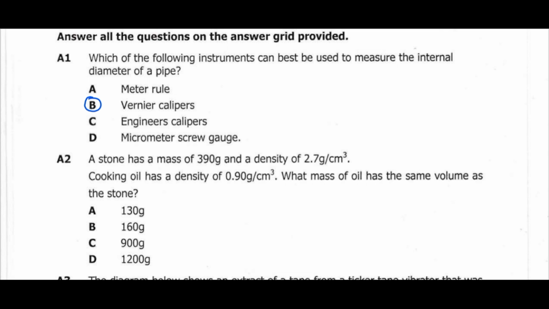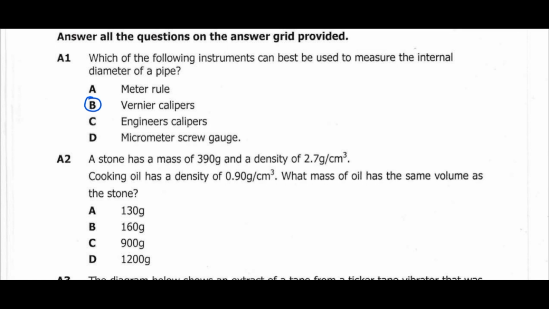Now for question 2, a stone has a mass of 390 grams and a density of 2.7 grams per cubic centimeters. Cooking oil has a density of 0.90 grams per cubic centimeters. What mass of oil has the same volume as the stone?